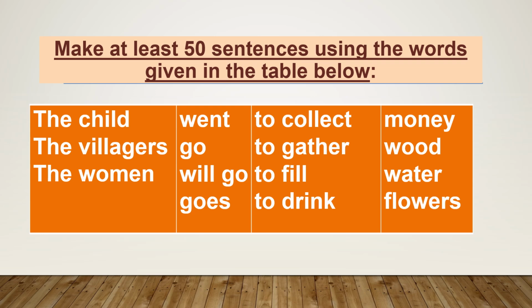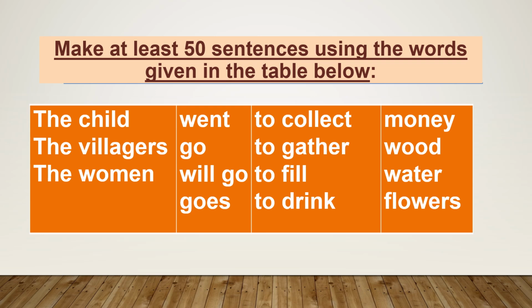This will give you much practice in the use of English. Then when you have made the 50 sentences, write them out and read them aloud. You would have got practice for writing and speaking and reading all through this exercise.